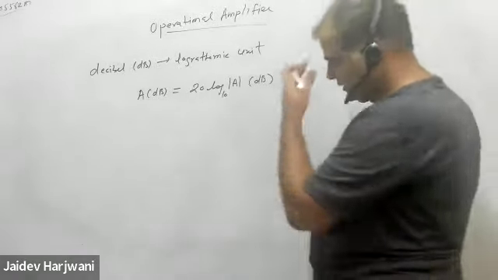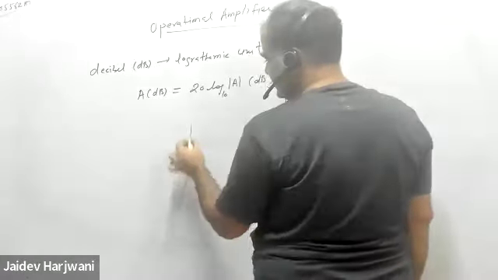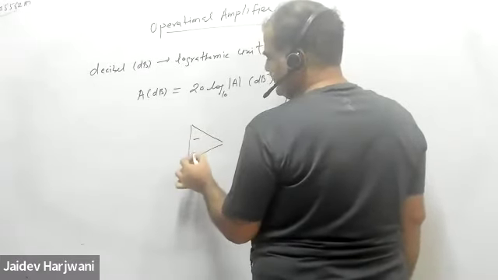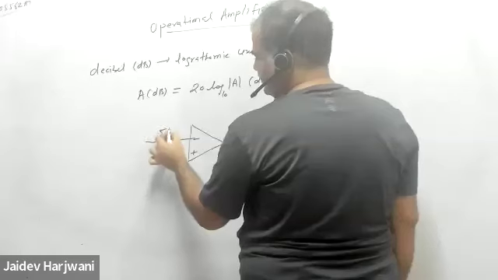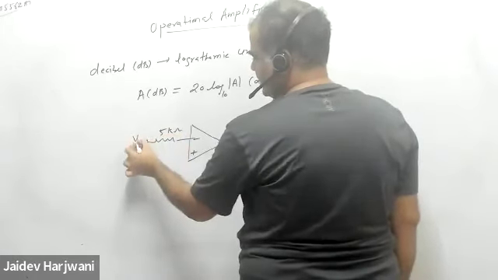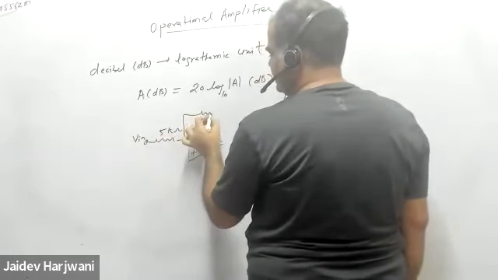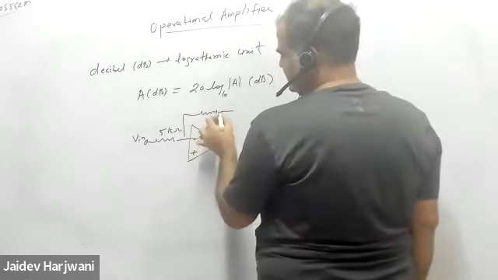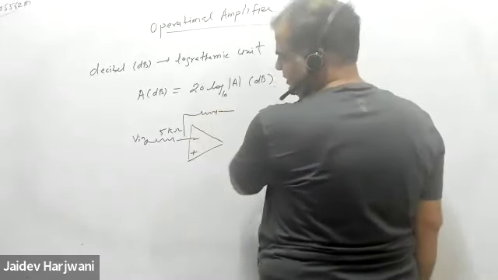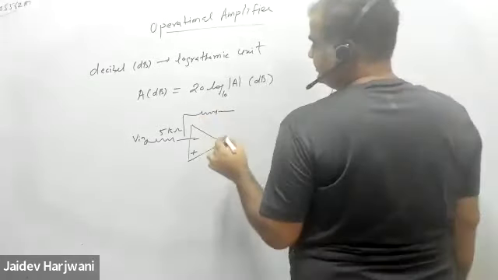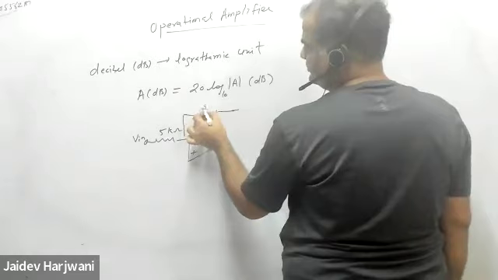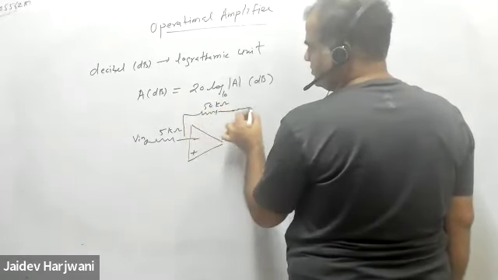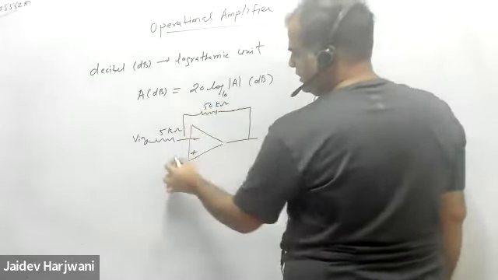So for example, if I have a circuit, say minus plus, say this is 5 kilo ohm, here applying V input, and this is 50 kilo ohm, and this is grounded.